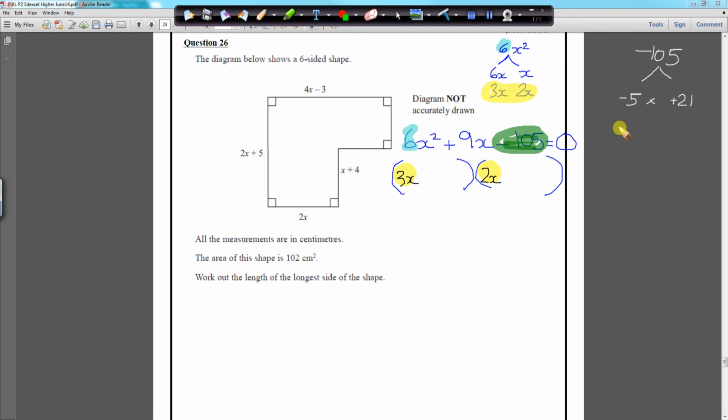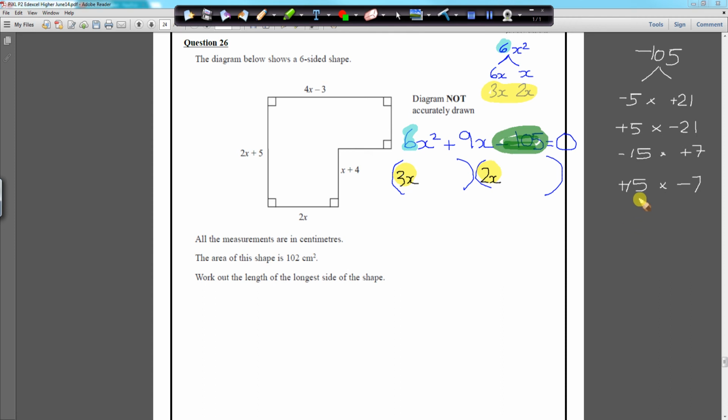It can be made up of plus 5 times minus 21. Or it can be minus 15 times plus 7. Or it can be plus 15 times minus 7.